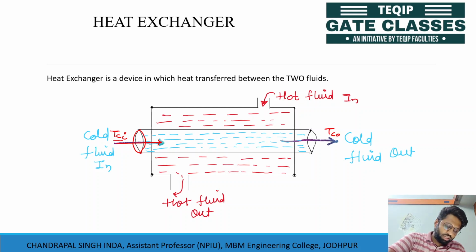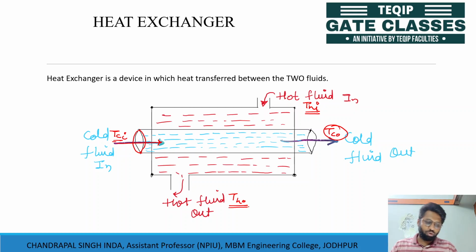Here the hot fluid is going to give heat to the cold fluid, so the temperature of the cold fluid is going to rise. The hot fluid enters at a temperature Thi, and exits at temperature Tho, which represents the exit temperature.